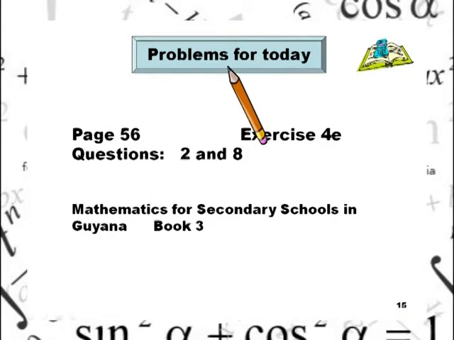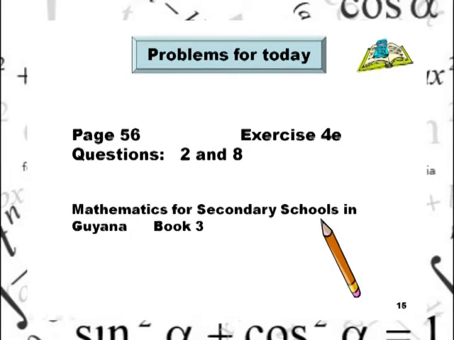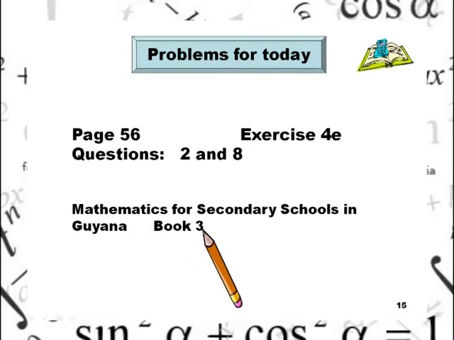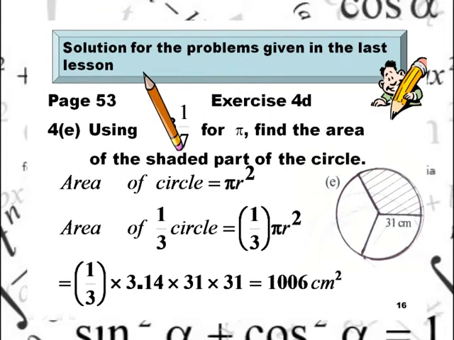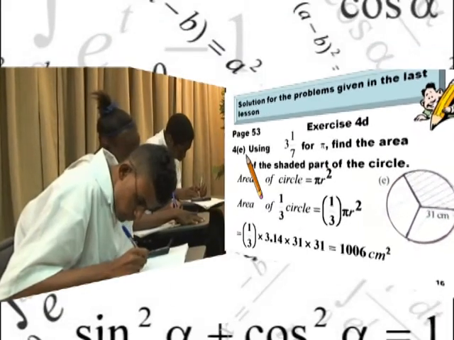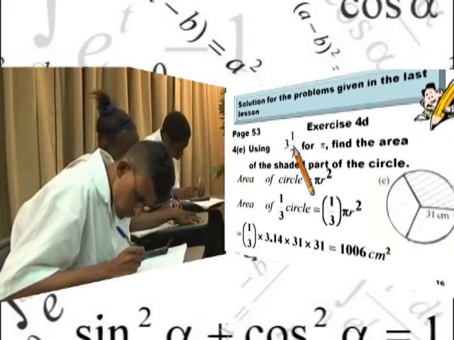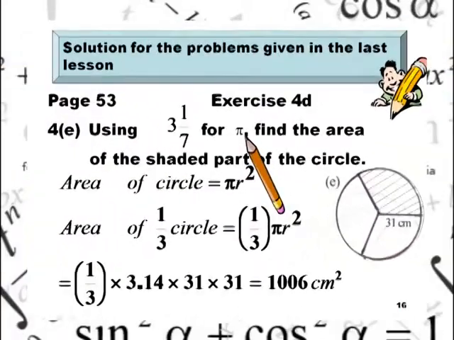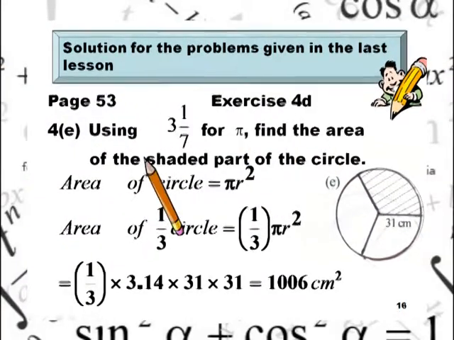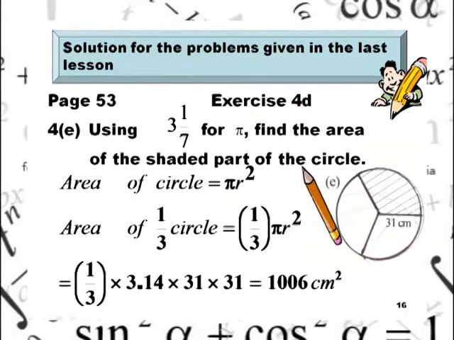Problems for today is taken from Mathematics for Secondary Schools in Guyana, Book 3. It's on page 56, exercise 4E, questions 2 and 8. Solution for the problems given in the last lesson, page 53, exercise 4D, question 4E, using 3.14 for pi, find the area of the shaded part of the circle.